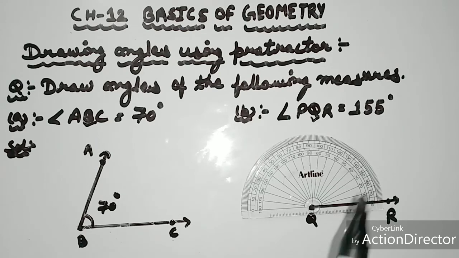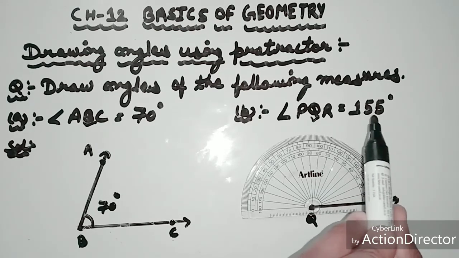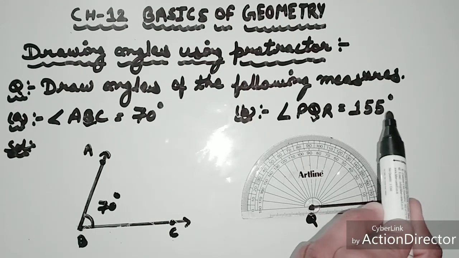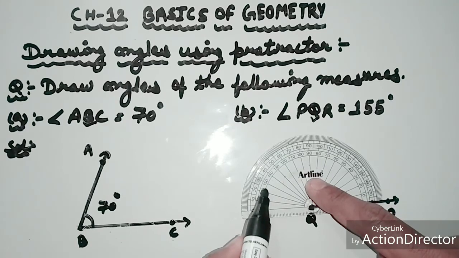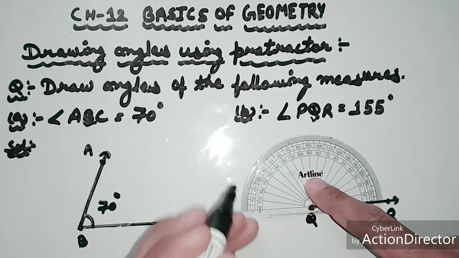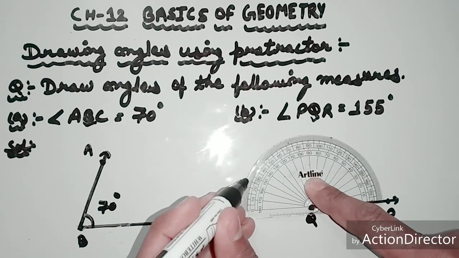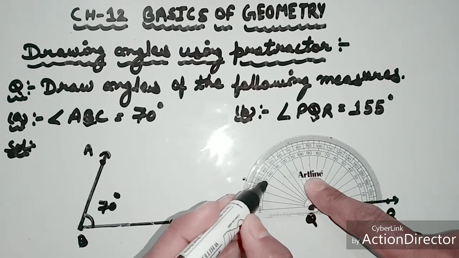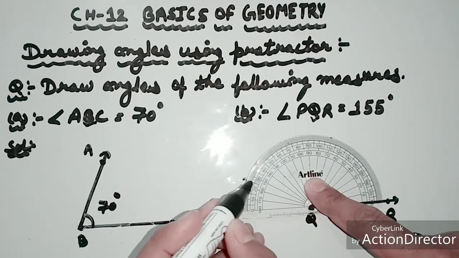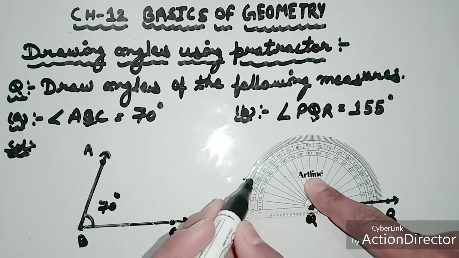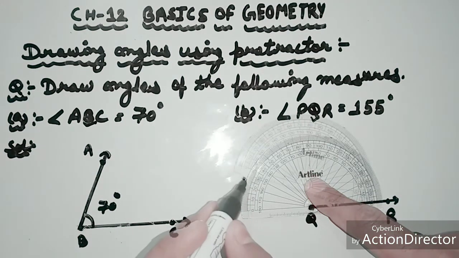Now mark a 155 degree angle on the inner scale. So 150 is here, so 155 is here, because these small marks denote 1 degree. So 1, 2, 3, 4, 5.